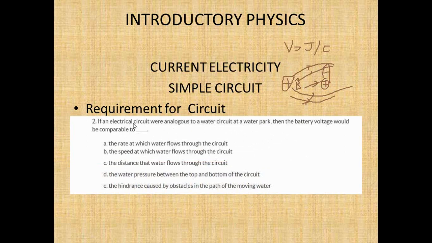We need our battery. All our battery does is to move our positive charge from the low potential terminal to the high potential terminal. That's all the battery does. The battery supplies energy to move that charge.